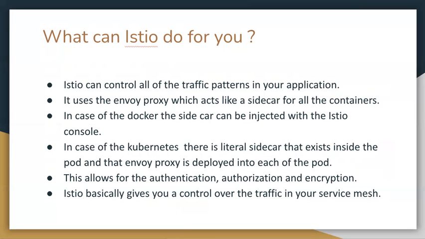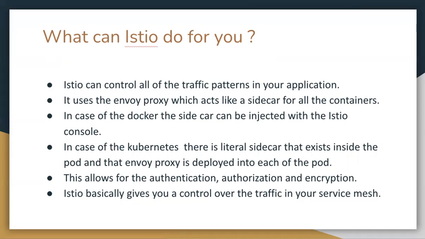So if you are using Docker containers, then Istio has a dashboard, and it can directly inject these sidecar Envoy proxies into your Docker containers, right? So it acts like a sidecar, which can be done directly through the Istio console.